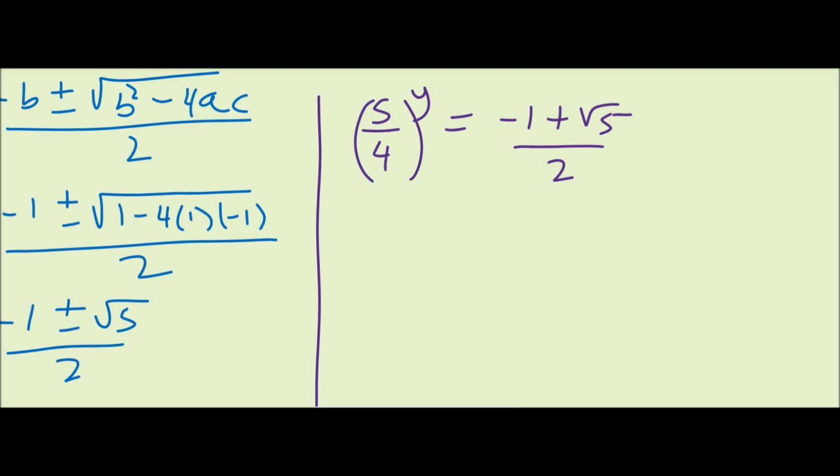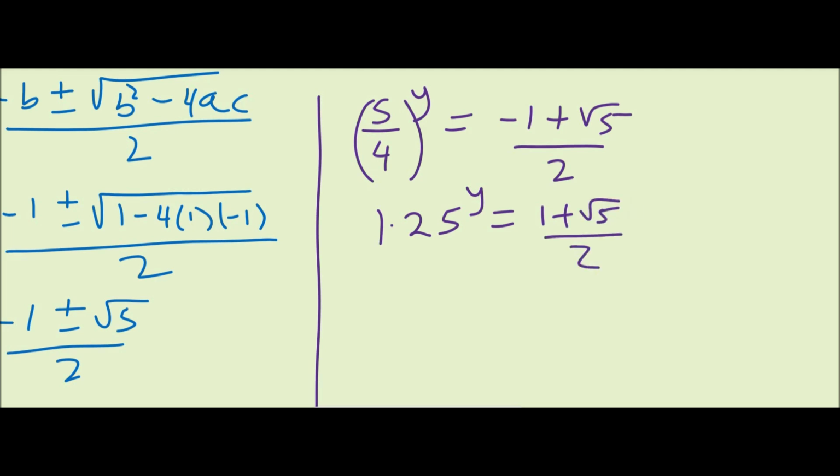Therefore, if I'm taking log of both sides, I can write 5 over 4 in decimal form. This is 1.25, which makes it easier for me. 1.25 to the power of y equals minus 1 plus root 5 over 2.